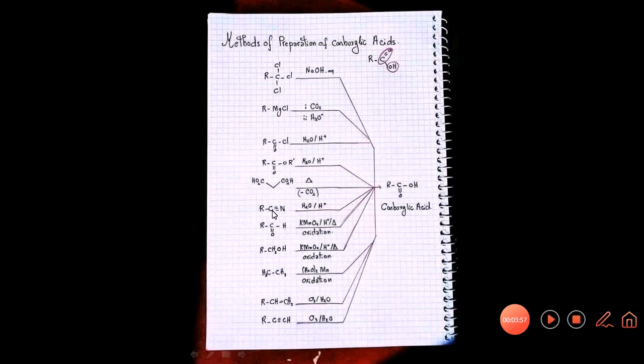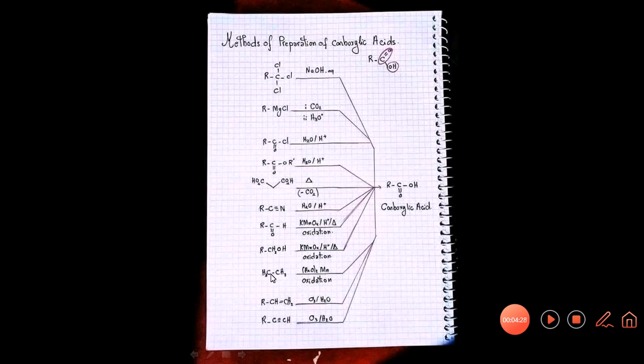Also nitrile, when you hydrolyze nitriles, it yields carboxylic acids. When you do profuse oxidation of aldehydes or even alcohols, you oxidize it in hot potassium permanganate. This oxidative reaction yields carboxylic acid. It is only primary alcohols that yield carboxylic acid in this reaction.